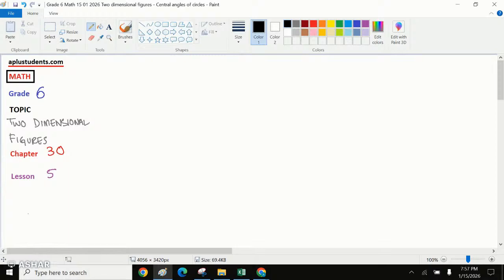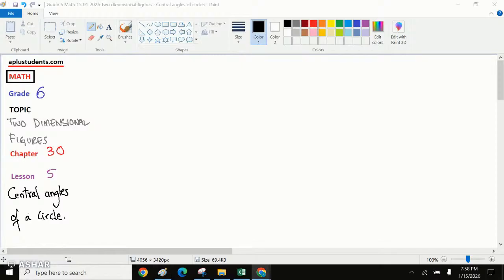The name of the lesson is Central Angles of a Circle.